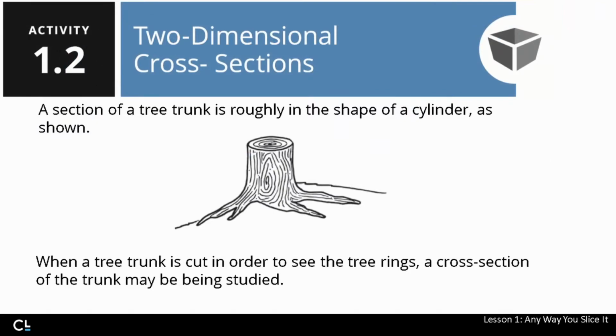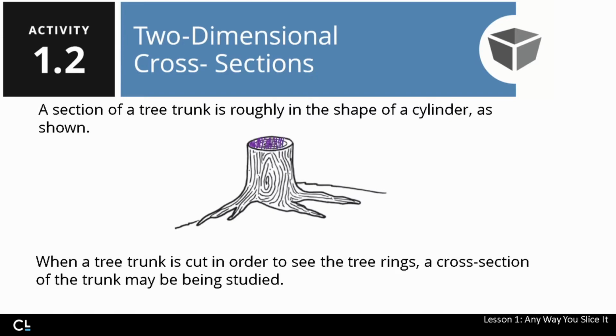Awesome. So, two-dimensional cross sections. A section of a tree trunk is roughly the shape of a cylinder, as shown. So we'll have a tree trunk here, and the tree trunk is basically a cylinder. When the tree trunk is cut, in order to see the tree rings, a cross section of the tree trunk may be studied. So our cross section of the tree trunk here would be all this, the top, right?